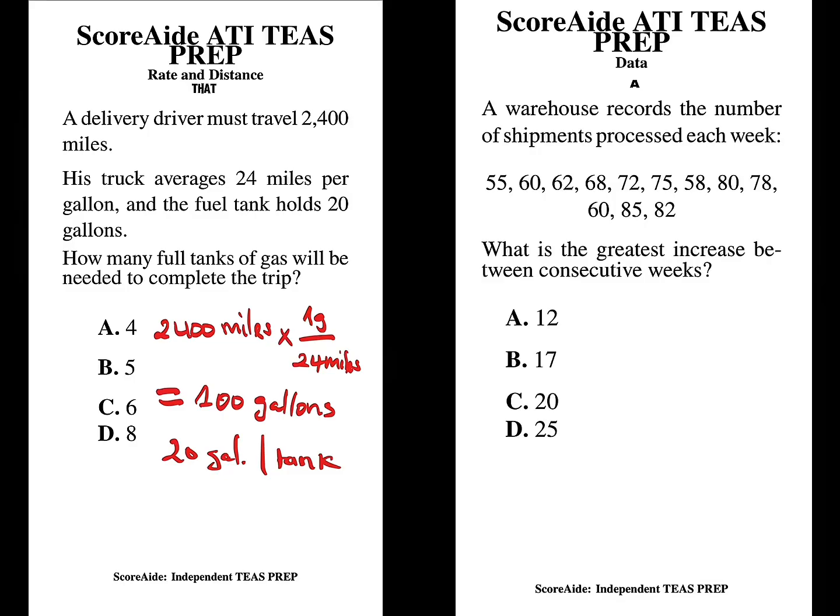So we divide that. 100 gallons, one tank is 20 gallons. So 100 gallons is gonna be 5 tanks, right? So you see that the answer is gonna be B, right?